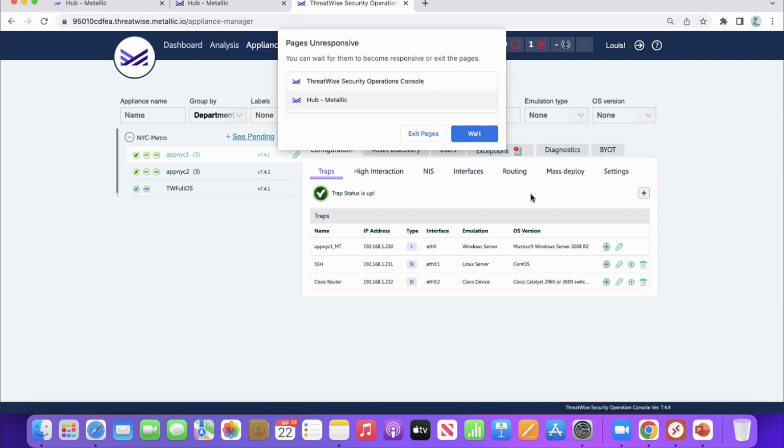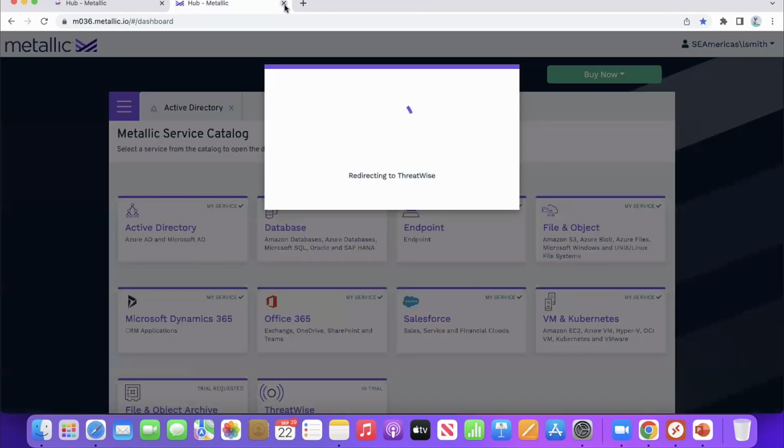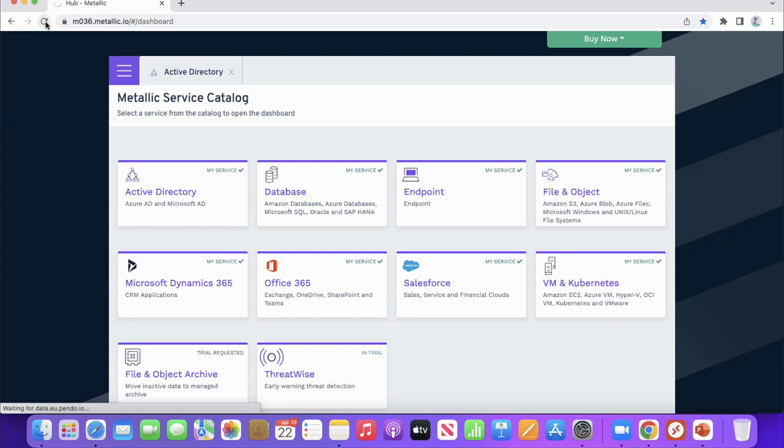We are continuously enhancing our product, and we want to make it easy for customers. That's why we introduced this in SaaS with Metallic, the deployment options, whether it's pre-packaging. As we progress through our evolution, we're only going to make it even easier for customers to deploy and consume this technology.